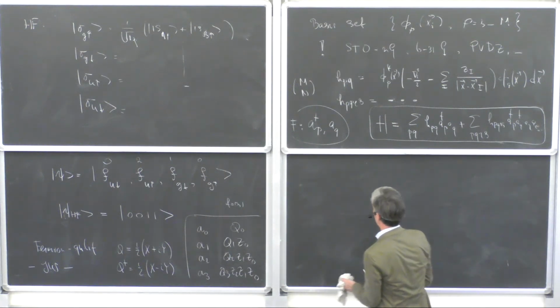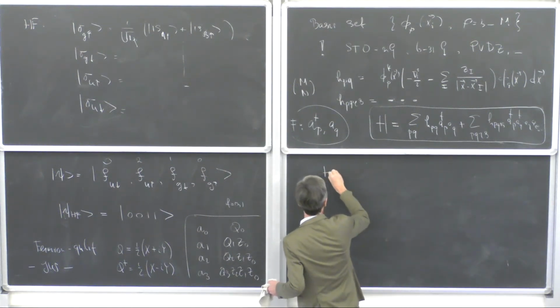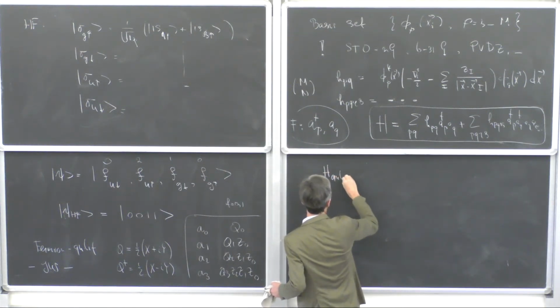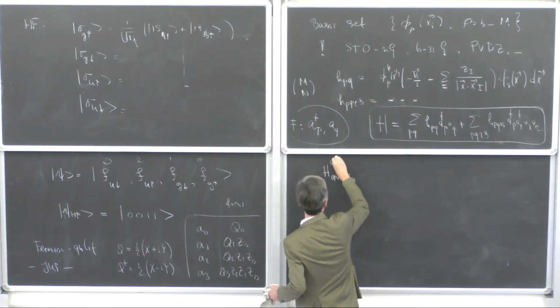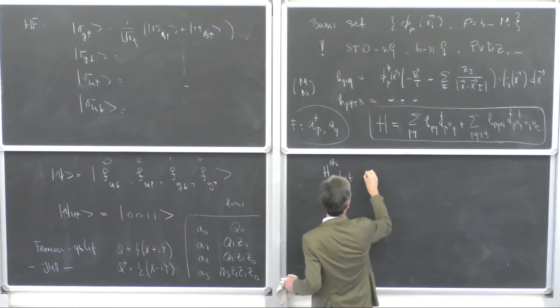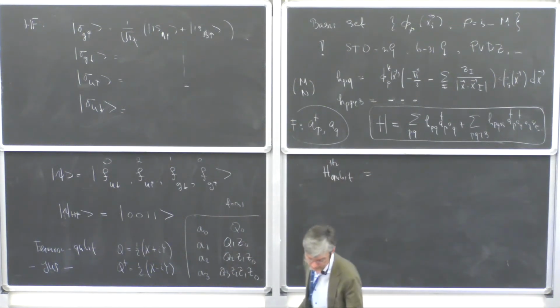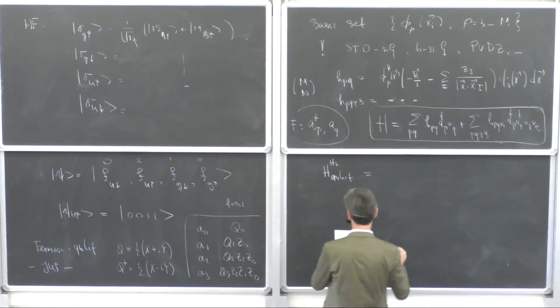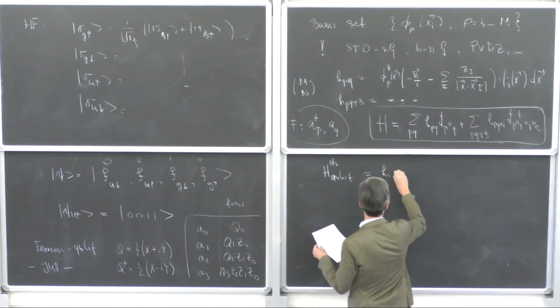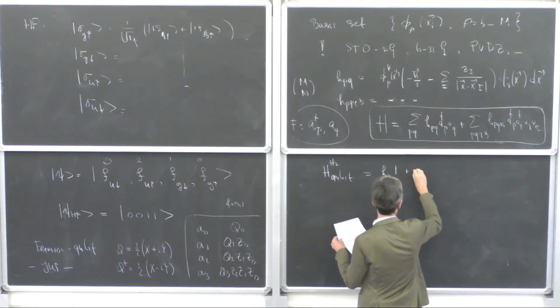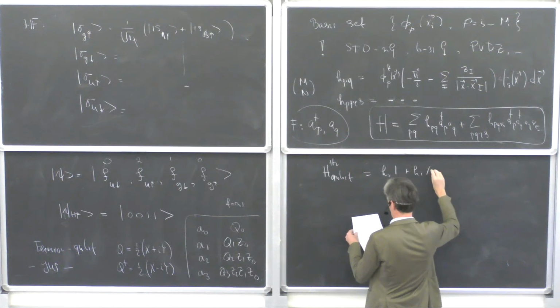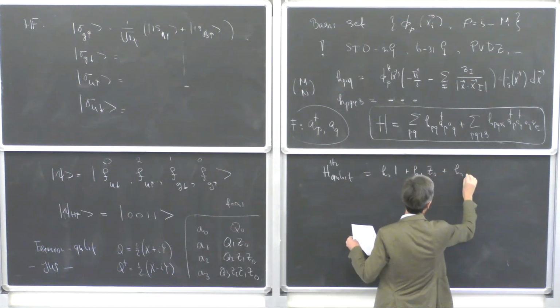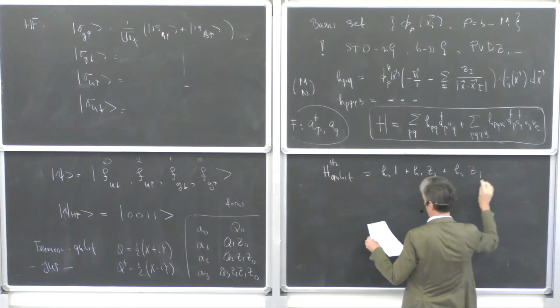Having done this, the Hamiltonian in the qubit language, maybe call it H2 qubit language. I'm not going to write it in too much detail, but what you get looks like some H0 times the identity operator, and H1 times the Z0 operator, and H2 times the Z1 operator, dot, dot, dot, lots of terms.